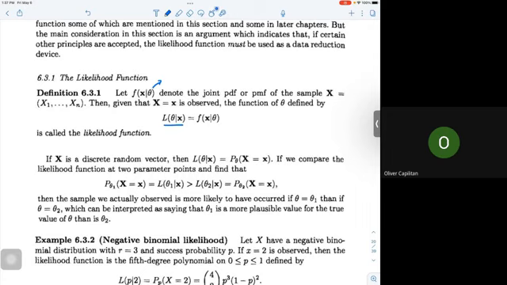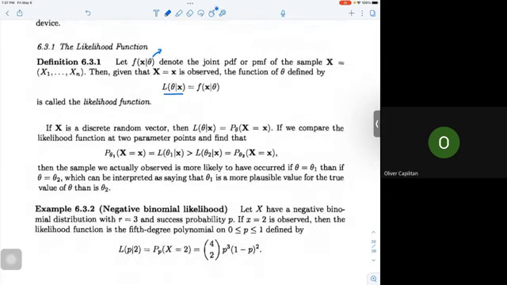This is the thing that I want to emphasize in our definition, that our likelihood function is a function of theta, even though in our definition it is being equated to the PDF or the joint PDF. So this is called the likelihood function.